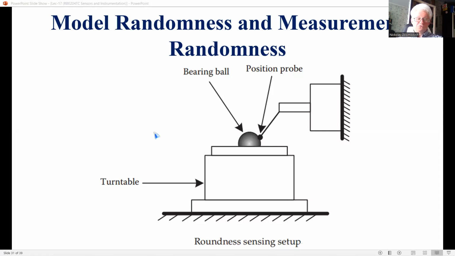Items 2 through 5, that is, from selection of the sample set of balls up to the error in the probe, all correspond to the randomness in the measuring process, which indirectly affects the product quality by affecting the production of an accurate estimate of the actual roundness.